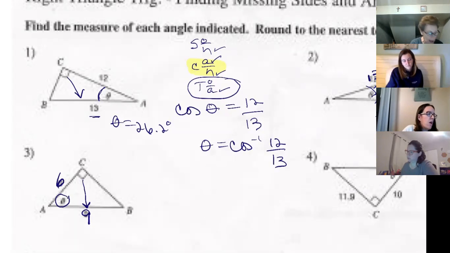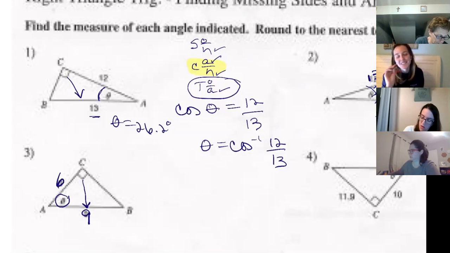From that angle's perspective here for number 3, what numbers have I been given? So from that angle, you have the 9 would be the opposite, right? No, the 9 is always going to be the hypotenuse. Oh, the hypotenuse. Okay, I was thinking opposite and adjacent.